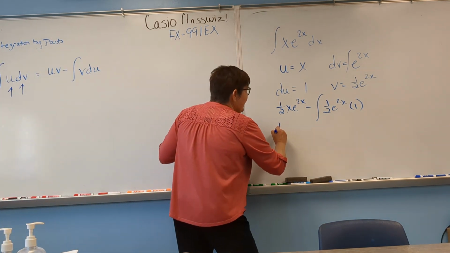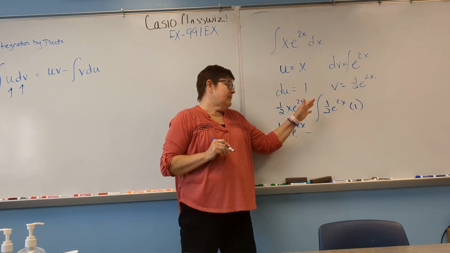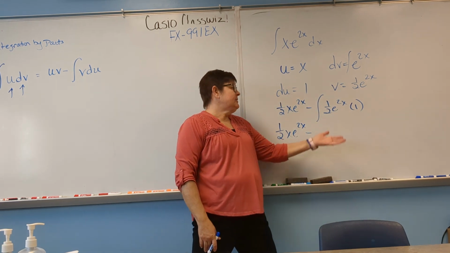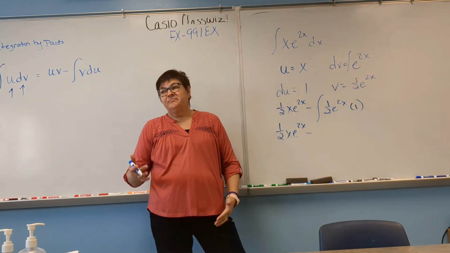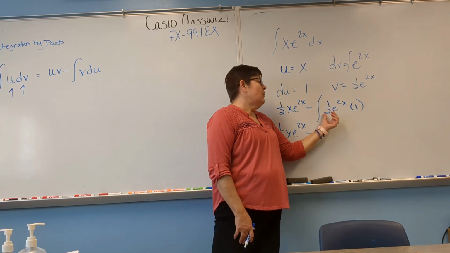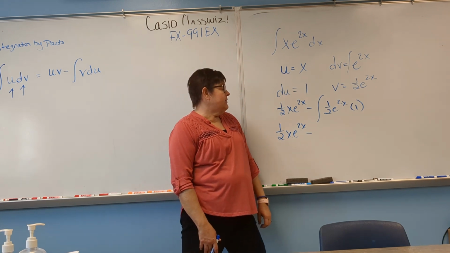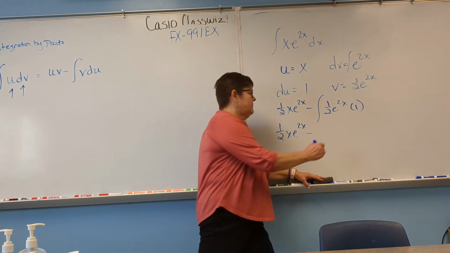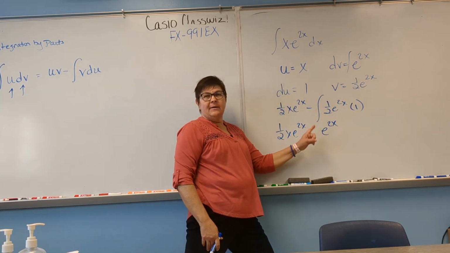So I have 1/2 x e to the 2x minus, if I look at this, can I integrate this guy? Does the 1 have any bearing on this problem at all? Not really, right? Can I integrate 1/2 e to the 2x? What would it be? It's e to the 2x, and then what do I do with that 1/2?